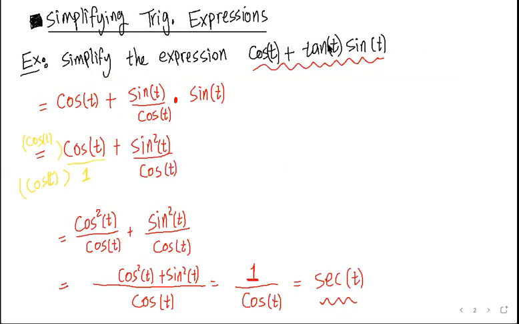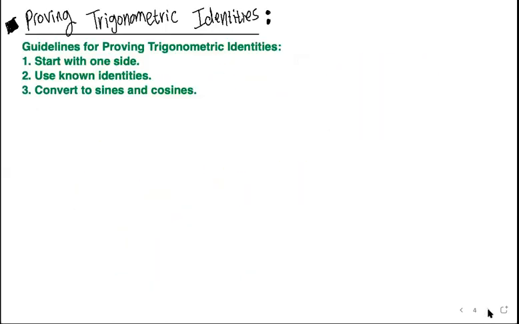In simplifying, we convert everything to sine and cosine, and in the end we find an expression equivalent to the one I started with. But for the proof, I have to hold one side and work on it until I arrive at the other side.